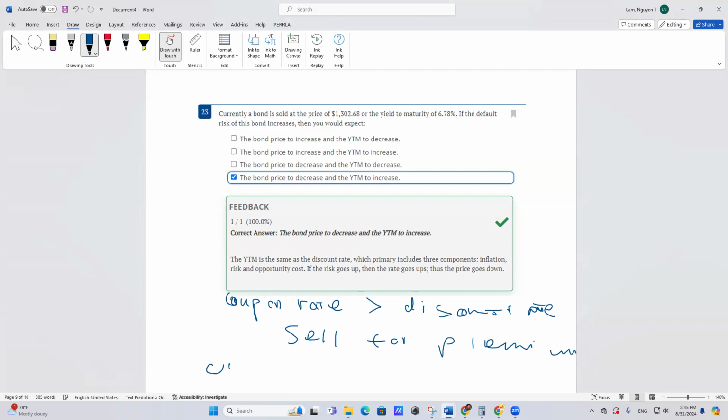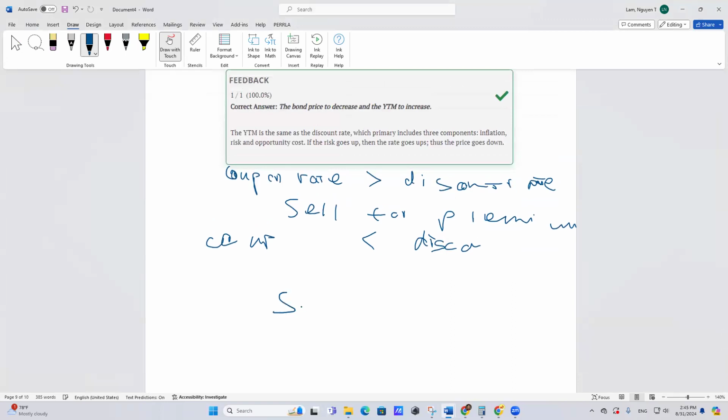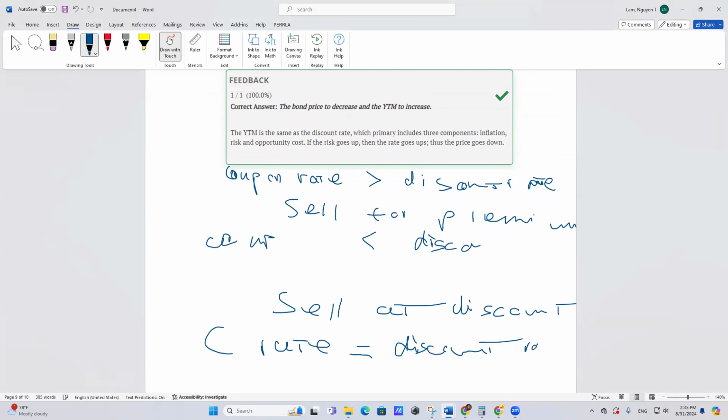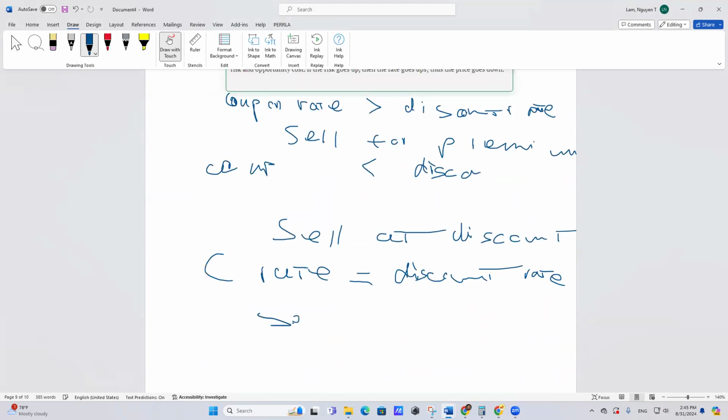And if the coupon rate is smaller than the discount rate, then you are selling for a discount, sell at discount. And if they happen to be equal, the coupon rate and the discount rate are the same, then you are selling at par. It's called sell at par.